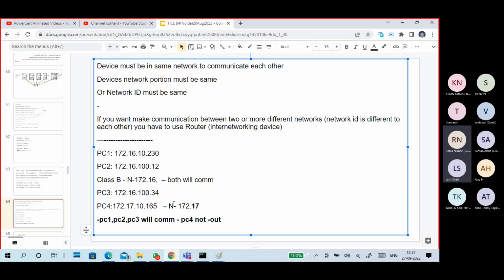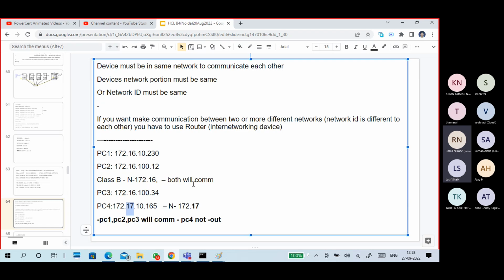If in case, guys, you have 4 computers, PC1, PC2, PC3 configured, and you go to PC4 and the configuration is wrong, by accident given a wrong IP, what you have to do? You have to change it properly. Very simple. How to troubleshoot a network? Not always by removing the plug and connecting the plug; it is not a very big deal.